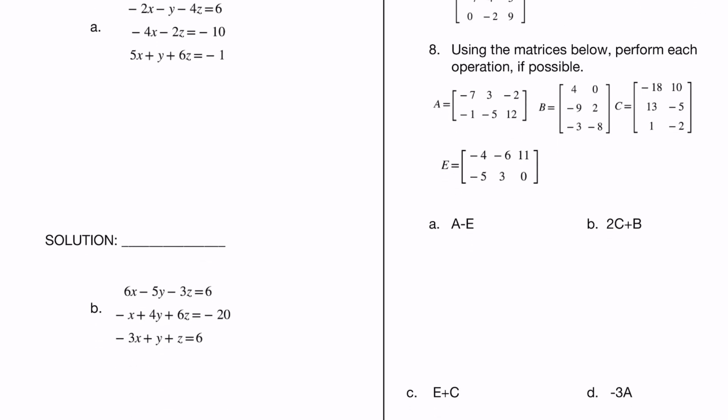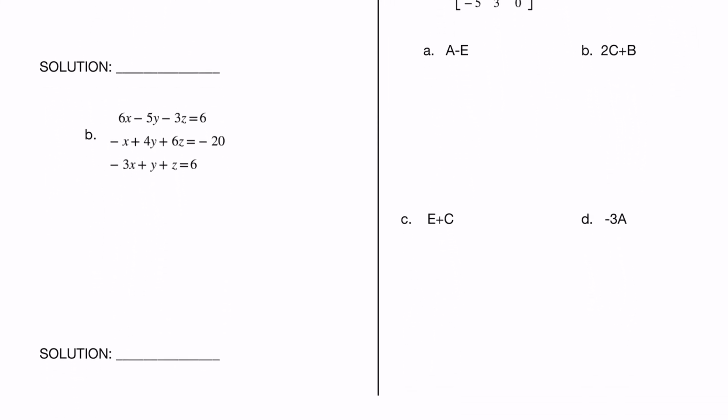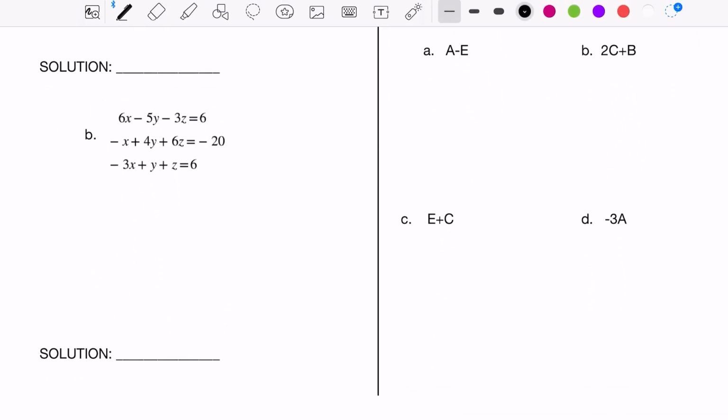Okay, we're going to move on to this system of 3 equations and 3 variables. And so you need to pick a variable to eliminate. So this time I'm going to pick x. And so I'm going to start with those first 2 equations. In order for the x to cancel, this one right here needs to be negative 6.